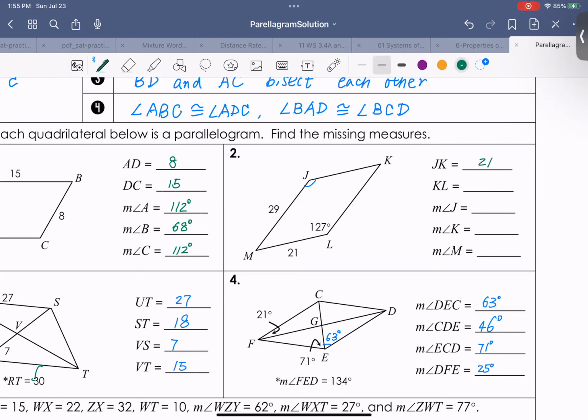Angle J is 127. And then angle K is 127. Angle L will be 53. And angle M is 53 degrees as well. Good. Very good.